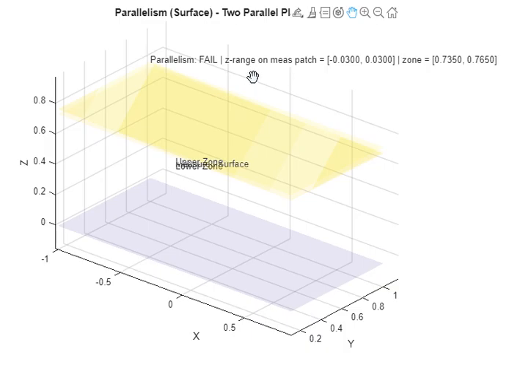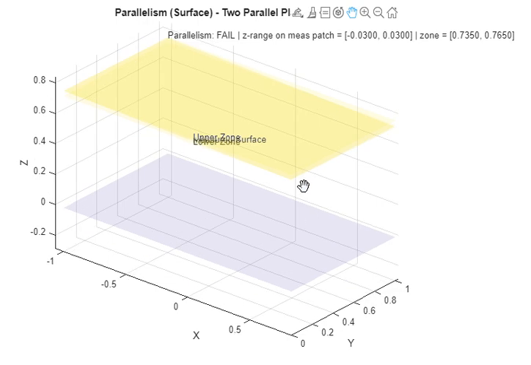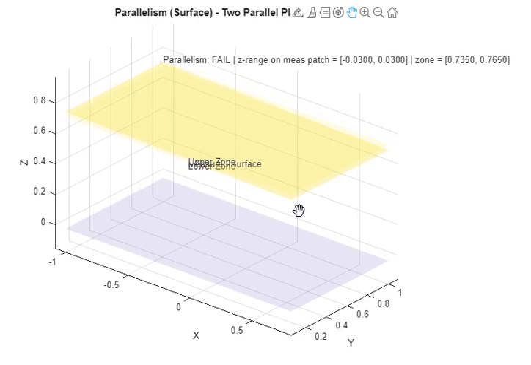So here, your z range on this z-axis is -0.0300 to positive 0.0300. And your tolerance zone is between 0.7350 and 0.7650. Okay, so this is your parallelism. It's falling in that range.